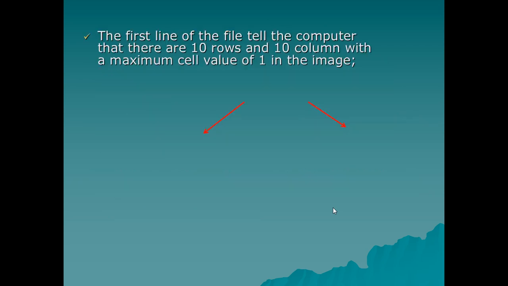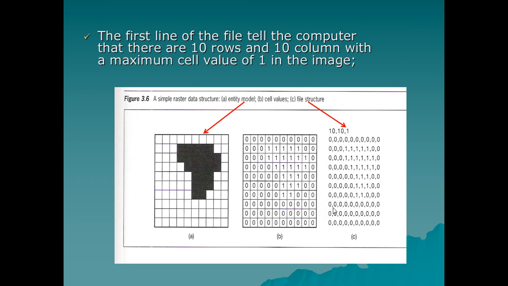Alright, so this first one is an example of a simple raster data structure. Alright, here we have our raster data model represented, and we have some data visually represented there. Okay, that's the dark or the black filled in cells.